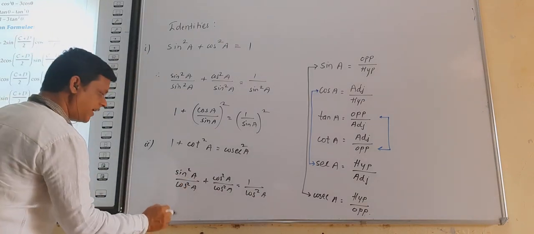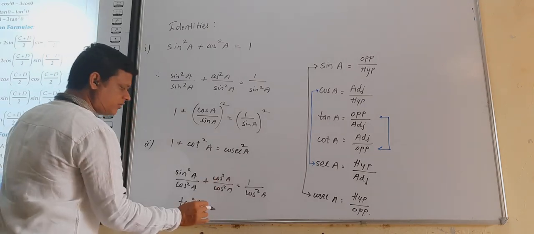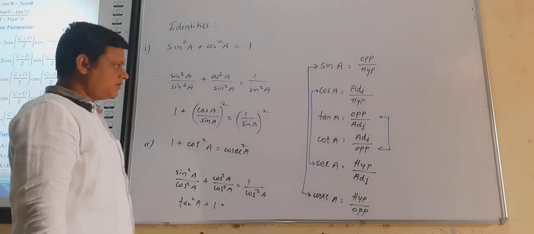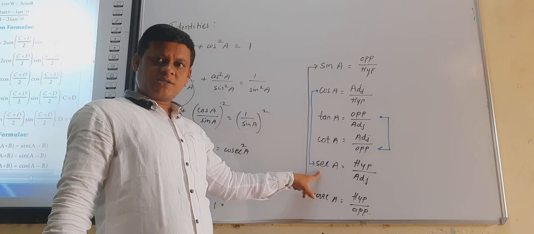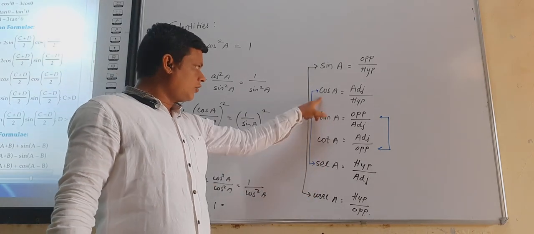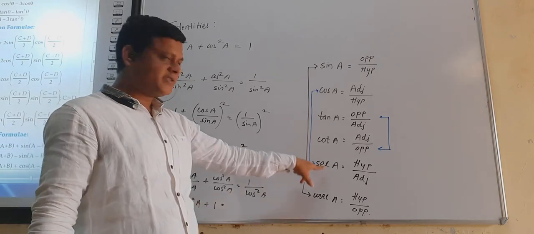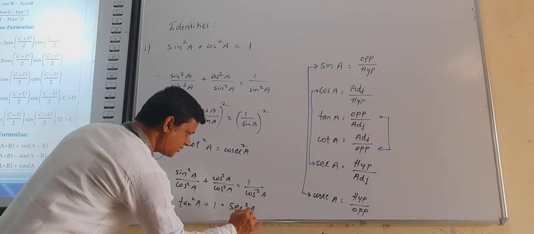So we get here tan square A. Tan square A plus 1, as cos square A gets cancelled, is equal to 1 upon cos square A. See the pair, cos pairs with sec A. So we write 1 upon cos A as sec A. So we write 1 upon cos square A as sec square A.